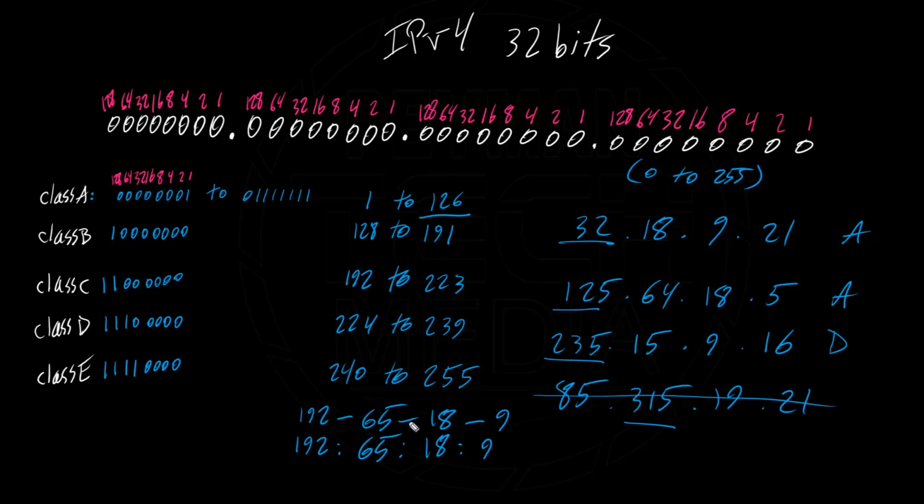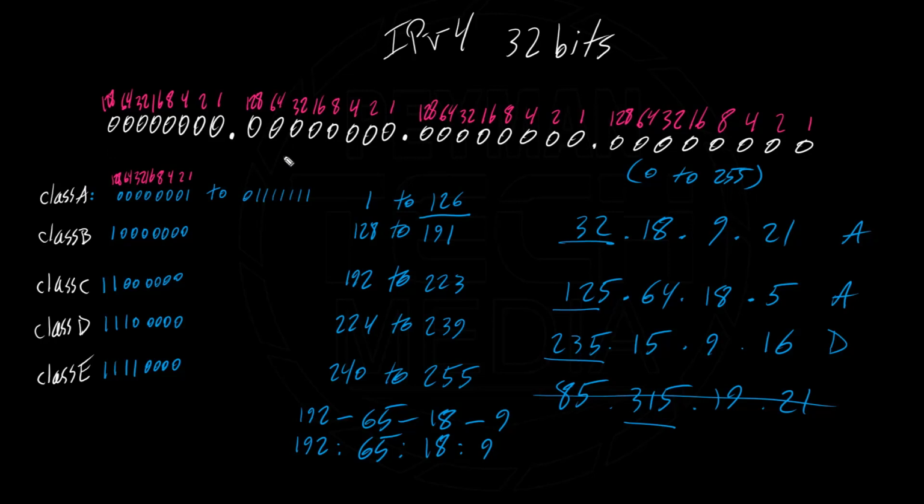We don't have dashes or colons between the octets in IP version 4, we have dots, as we can see here. And of course, the numbers in every octet are from 0 to 255. Why? Because in 8 bits, the maximum number we can get is 255 if all the bits are turned on.